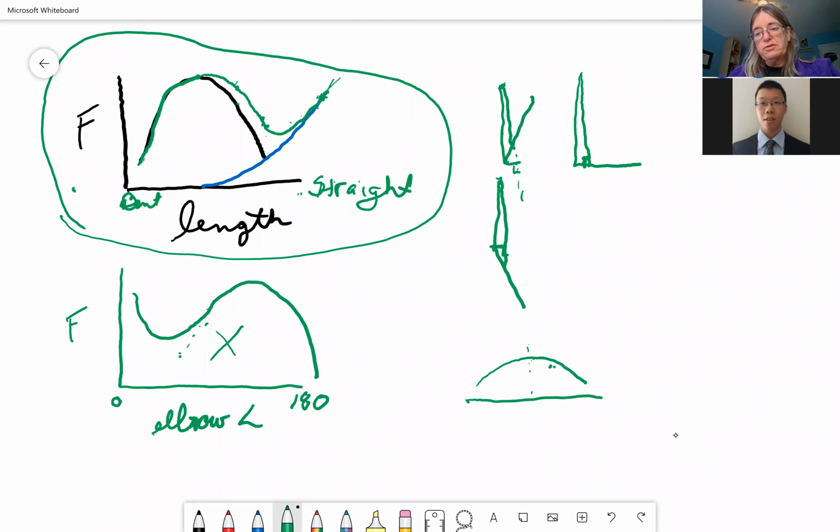And so you would kind of multiply this by this, because torque is force times moment arm, in order to get what the curve would look like.